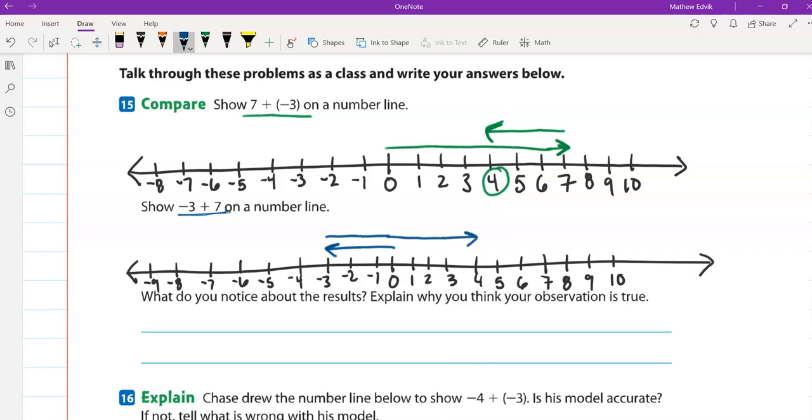Where do we end up? At 4. So now we're going to take a second and say, what do you notice about the results? Explain why you think your observation is true. So go ahead and let's talk about that answer for a second.